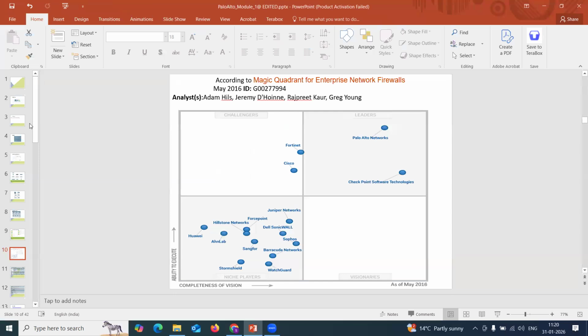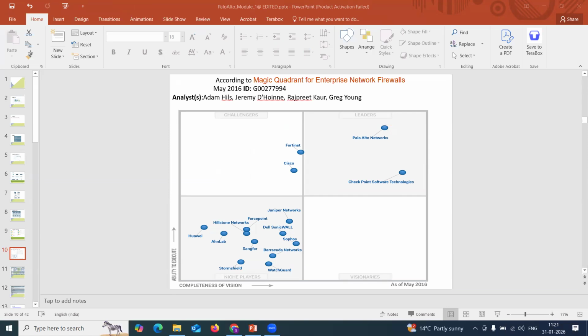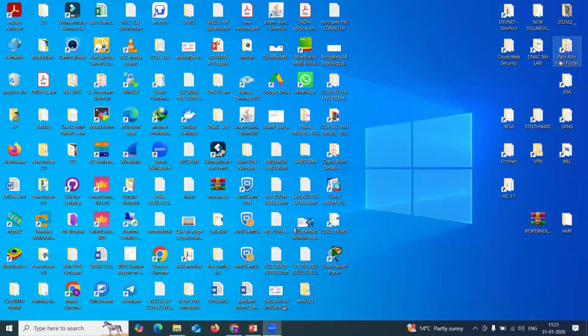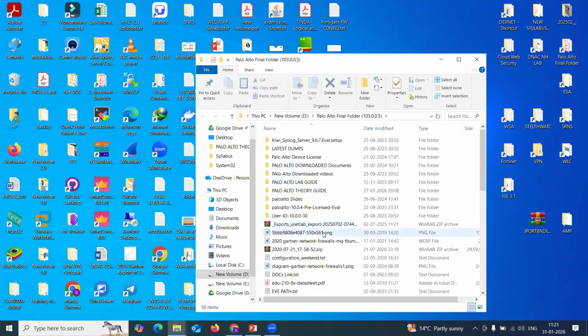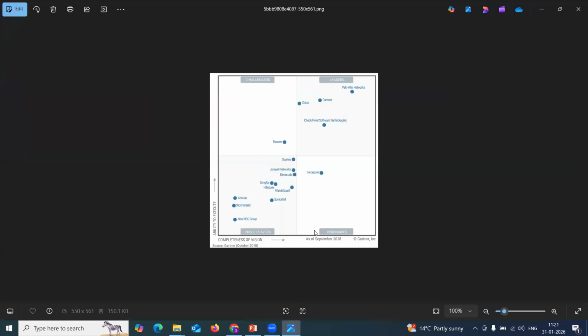Here I have the 2016 report. In 2016, what happened? Palo Alto Networks came at top, Checkpoint at second, Fortinet at third, and Cisco at fourth. Right. Let me see if I have any other reports. Oh, I have 2020 reports as well. This is 2018. In 2018, what happened? See how things change over a time period.